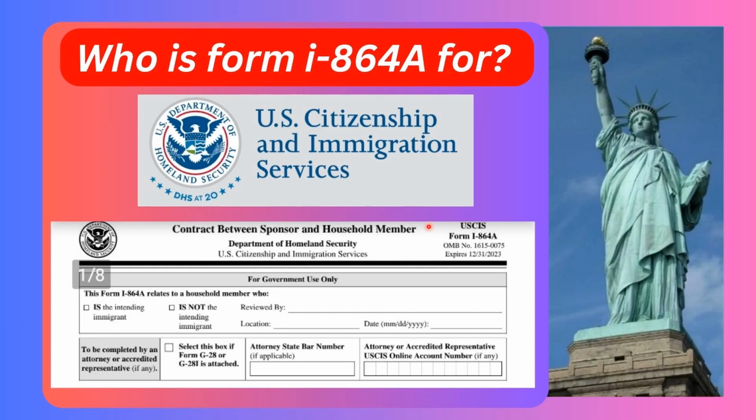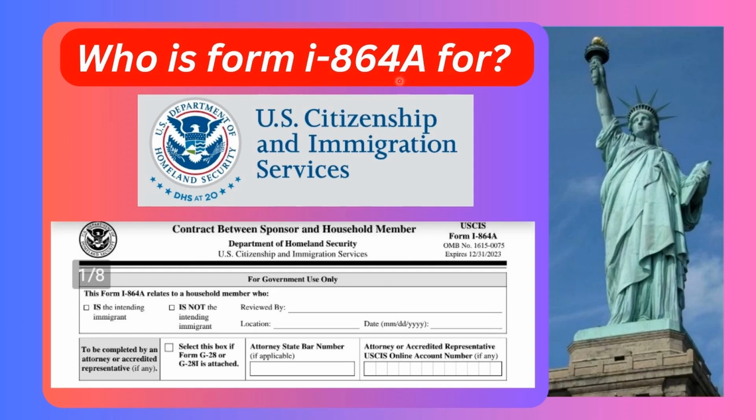That's when you have a household member contributing income, and that household member will fill out the form I-864A. You will fill out the form I-864 as a primary sponsor, but the household member will fill out I-864A.